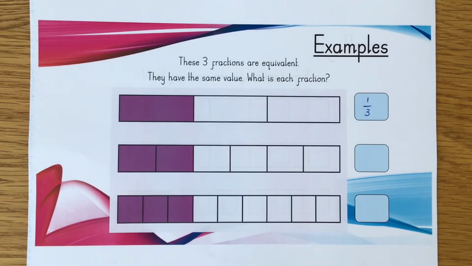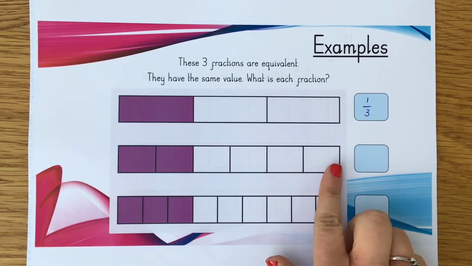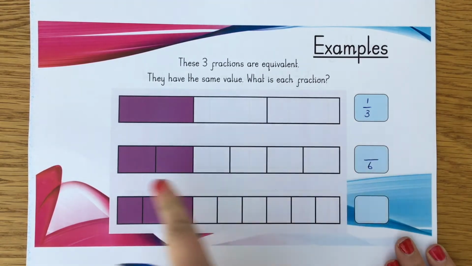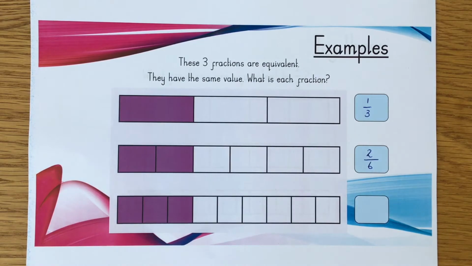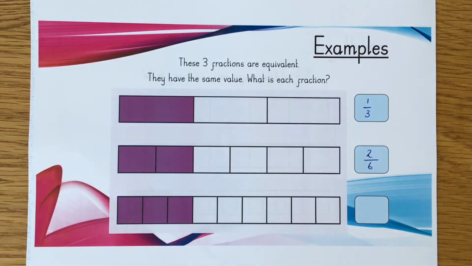Okay, let's find out what's equivalent to 1/3. Well, we've got 1, 2, 3, 4, 5, 6. My denominator is going to be 6 parts. I can see I've got 2 shaded, so 2/6. I can see that 2/6 has the same value as 1/3.